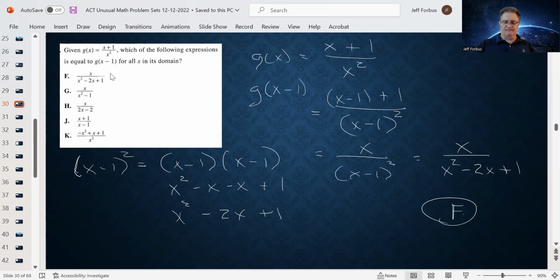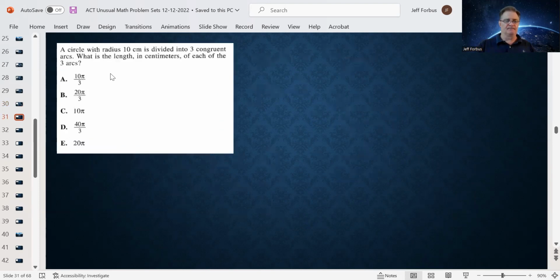What's our next question? Okay, we got a circle with a radius of 10 centimeters. So we have a circle. Let's draw a circle. And sometimes sketches are your best friends. Now, in the heat of the battle on the test, you don't have to make perfect drawings.